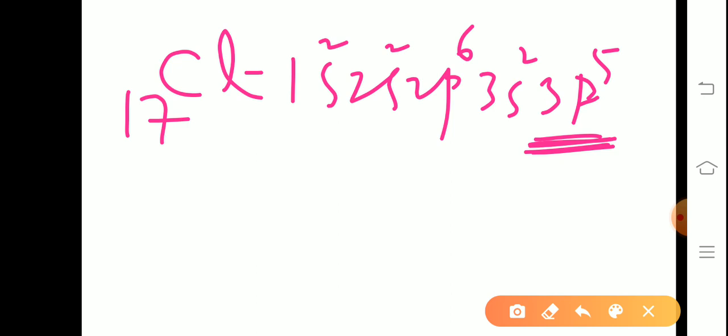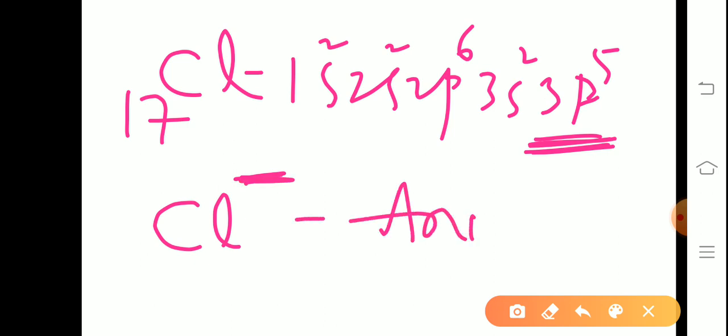After getting one electron, chlorine gets stability or follows the octet rule. So chlorine now needs one electron. That's why chlorine gets the negative charge, called chloride ion. This negative charge means anion.